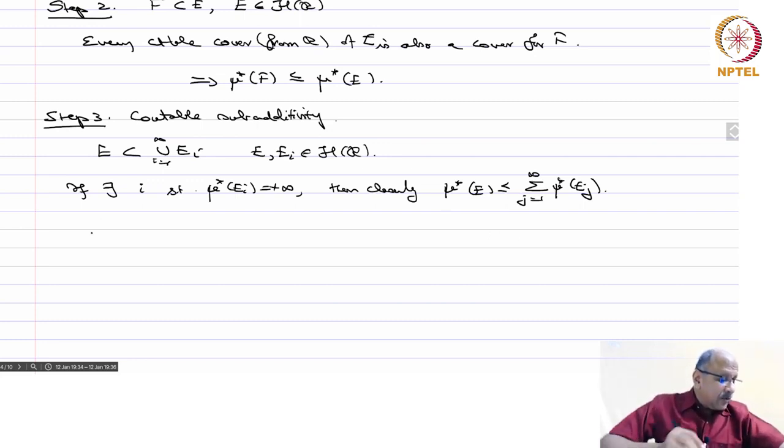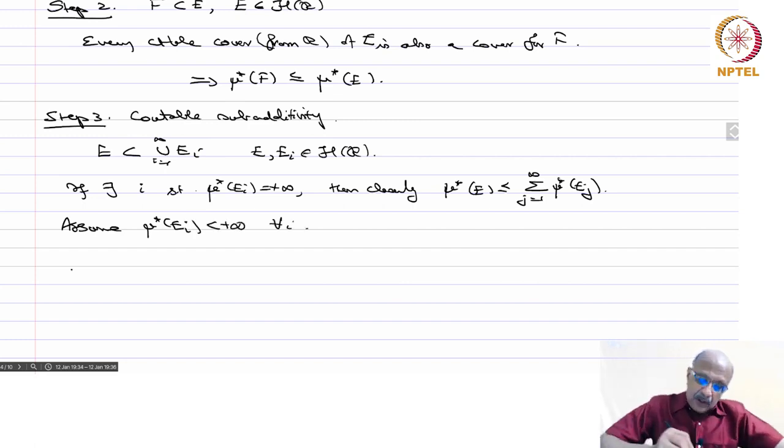So therefore assume mu star of E_i is finite for all i. Now how is mu star defined? It is the infimum.